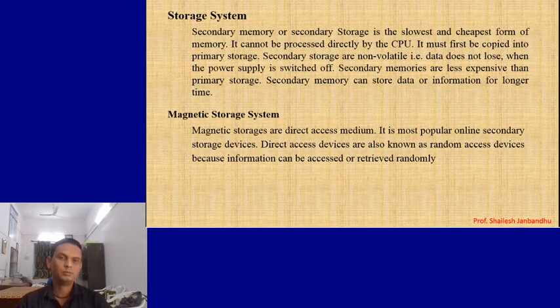That physical memory storage is called a secondary storage device. It is direct access, so it is also called a random access device, because the information which is stored is randomly accessible by the user.